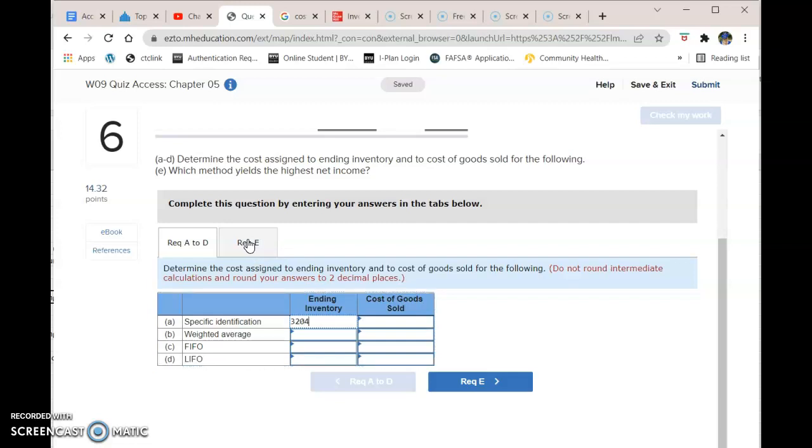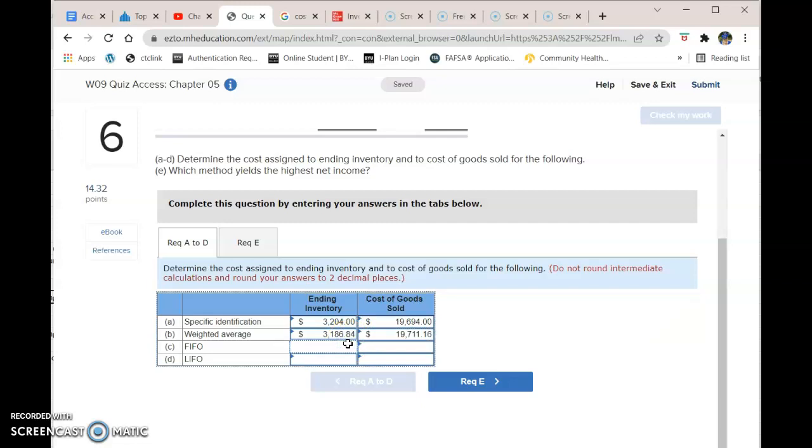So the 3204 and the cost of goods sold of 19,694, and then we're going to have an ending inventory of 3,186 and 84 cents on the weighted average. Cost of goods sold of 19,711 and 16 cents.